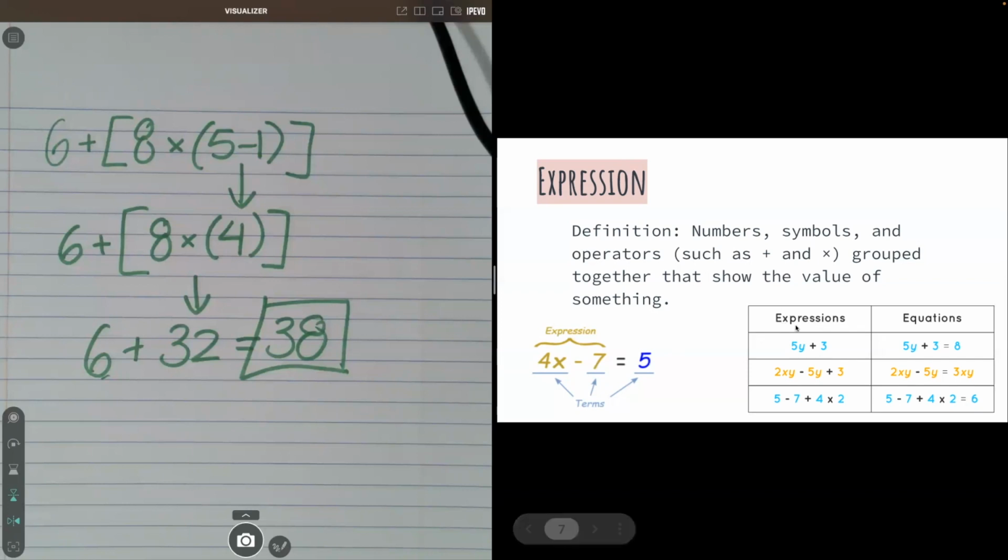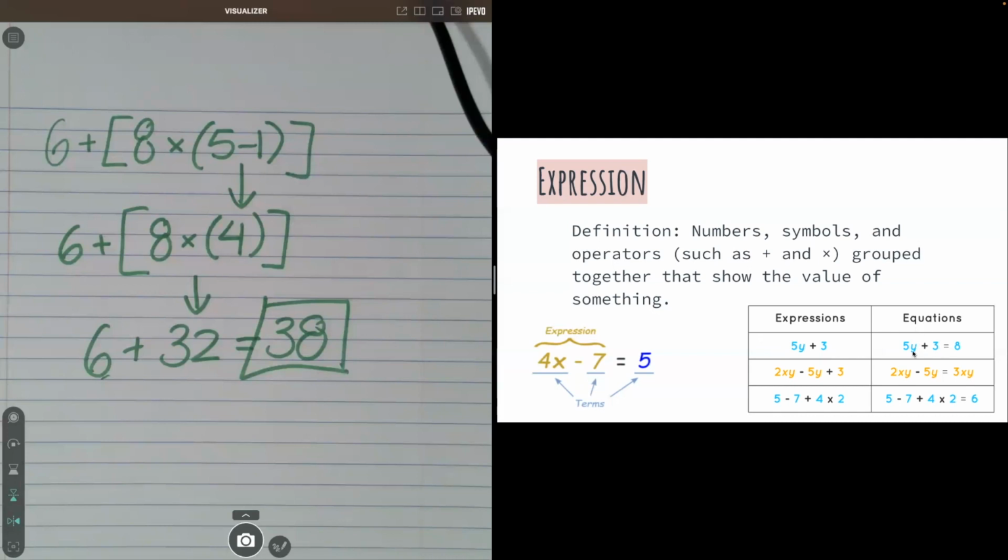And here it kind of shows the difference between expressions and equations. You can already know it just from listening to the word equations, right? It has the prefix that means equal. So the only difference between these is that equations have an equal sign to them. Expressions, you can only simplify them unless you know the value of the variables that they use.